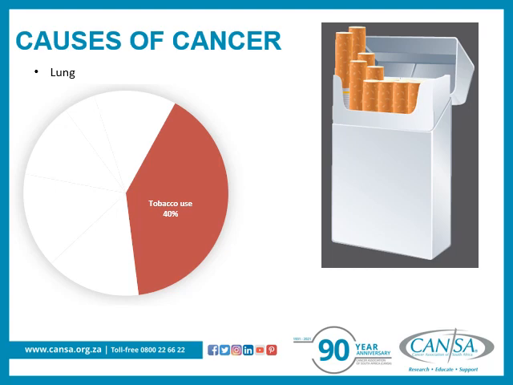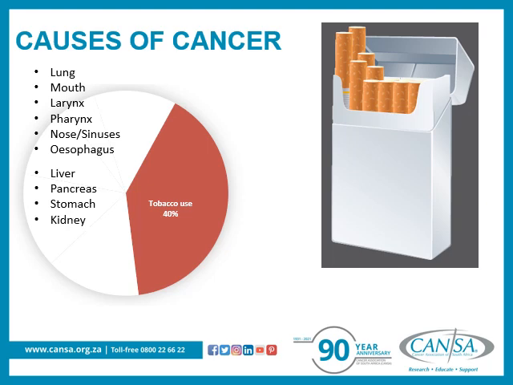Some of them are perhaps not surprising, like cancers of the mouth, the larynx, which is the voice box, the pharynx, which is the upper throat, the nose, the sinuses, and the esophagus, which is the food pipe. But some surprising cancers are liver, pancreas, stomach, kidney, bladder, cervix, and bowel, as well as one type of ovarian cancer and even some types of leukemias.